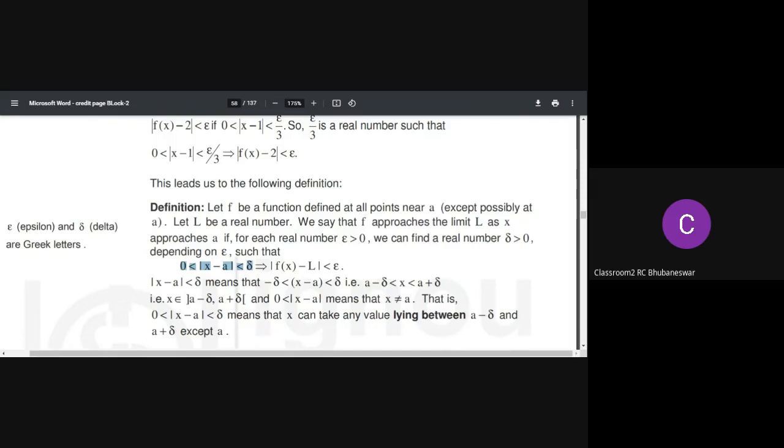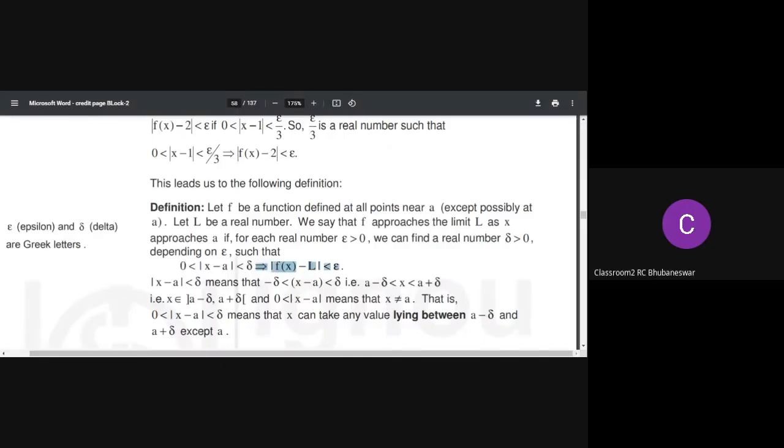Similarly, if x approaches to a and they are very close to each other, then we can say that the function and the limiting value L will also be very close to each other, and their difference will be very small, and that will be represented by epsilon. And as we know, epsilon is a very small positive real number.